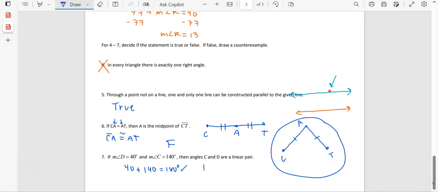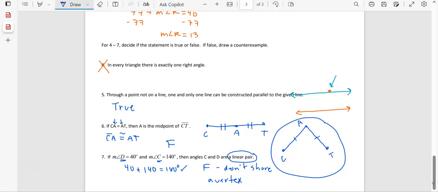No, because if two angles are a linear pair, then they have to be adjacent. How do we know these angles aren't adjacent? Because they don't share a vertex. And we know they don't share a vertex because the vertex is what we use to name the angle, and this is angle D, and that is angle C, so they must be different angles.